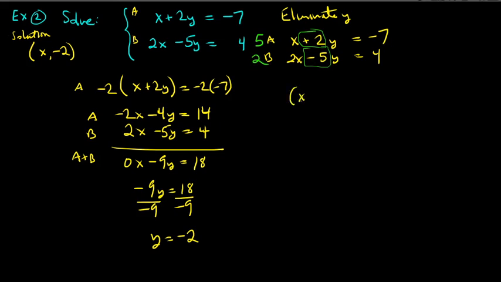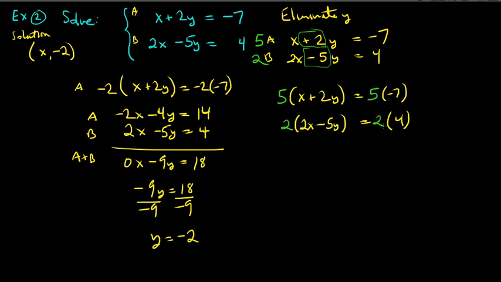So that's the idea. Here are the equations again. x plus 2y equals negative 7, and 2x minus 5y equals 4. So we're going to multiply the first equation by 5 on both sides, and then the bottom equation by 2 on both sides. In other words, you're just pulling the 5 from here and the 2 from here.